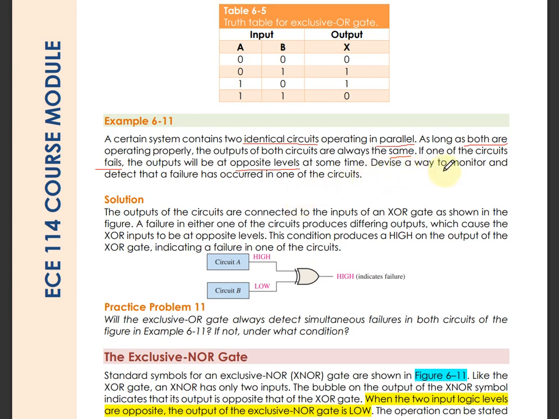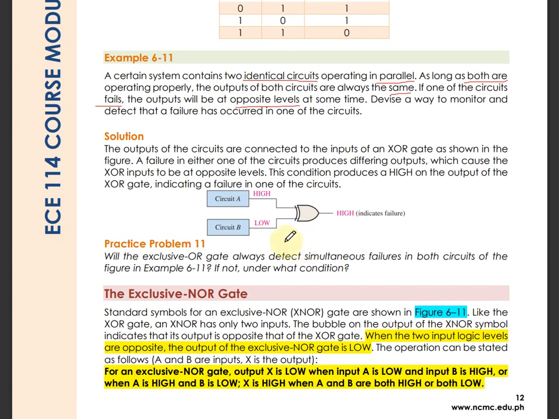So devise a way to monitor and detect that a failure has occurred in one of the circuits. Okay? So mag-create daw ta, no? Og circuit nga unsa na to magpagkabalo nga in sync ba gyapon ang atong duha ka circuits, no? Are they still in parallel or dili, no?